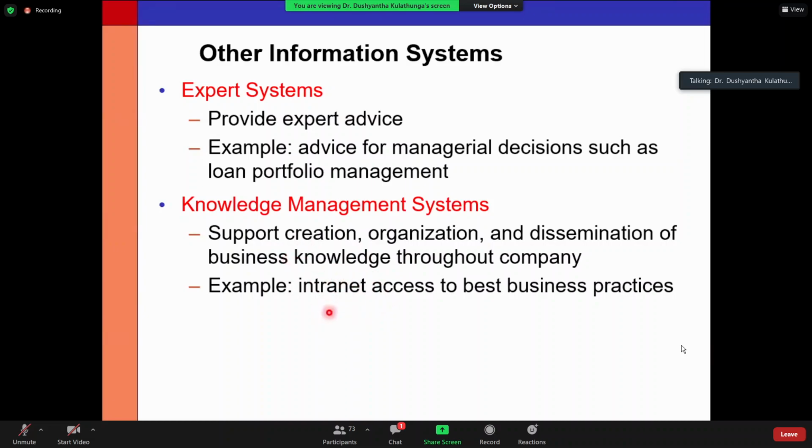The example given here says intranet access to best business practices. Now, best business practices, what do you think? Are they developed solely within the organization, or do you capture some best practices from outsiders?